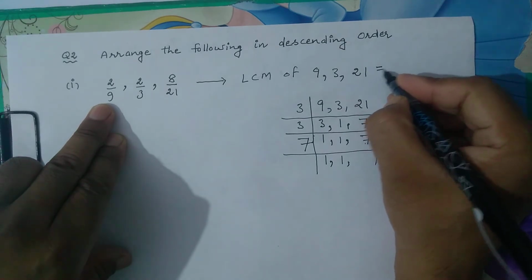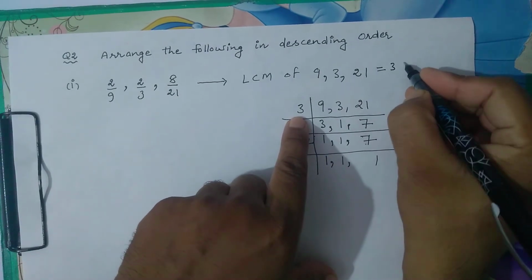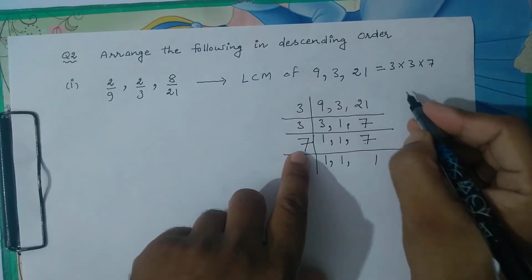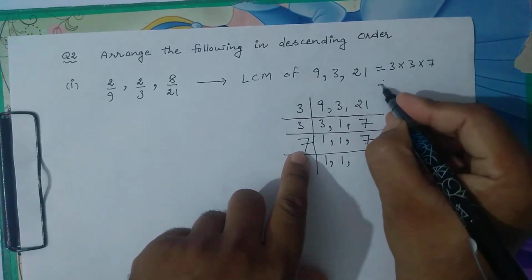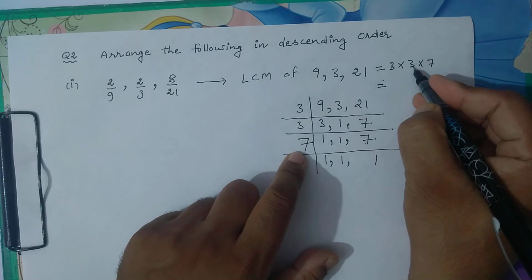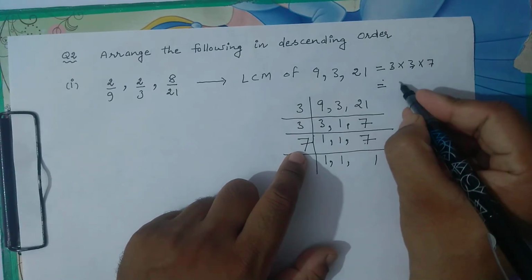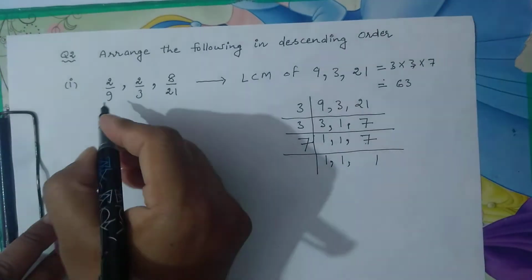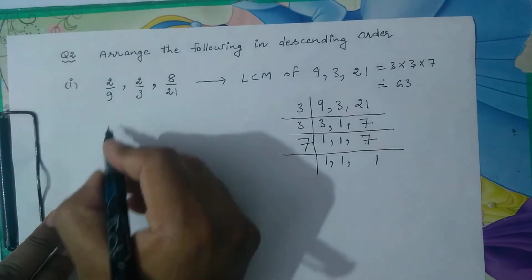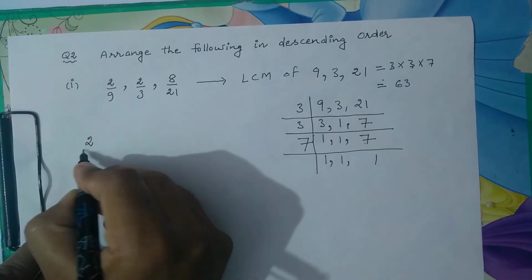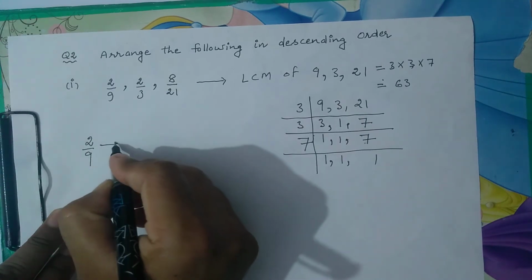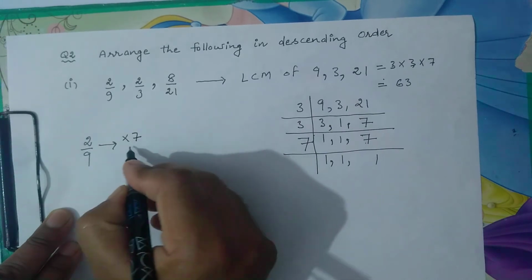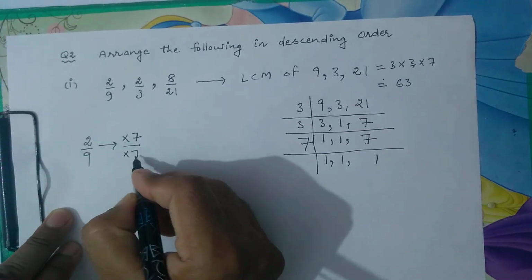So what is the LCM? 3 into 3 into 7. 3 into 3, 9. 9 into 7, 63. So the denominator, how will we write? 2 upon 9 we multiply by 7 upon 7.